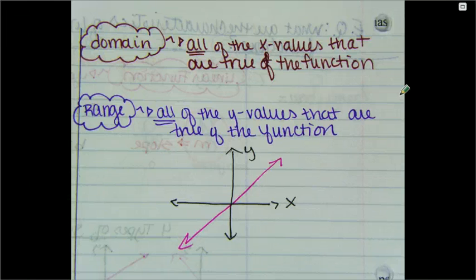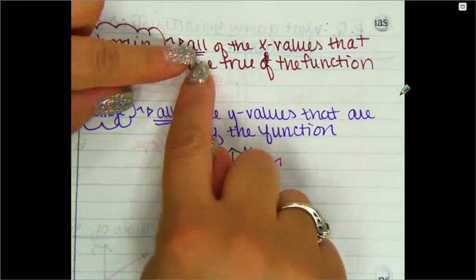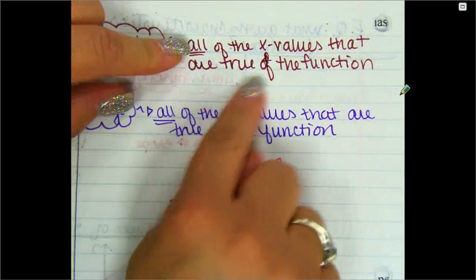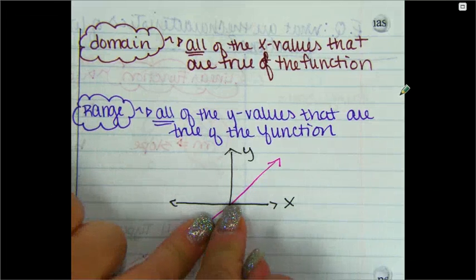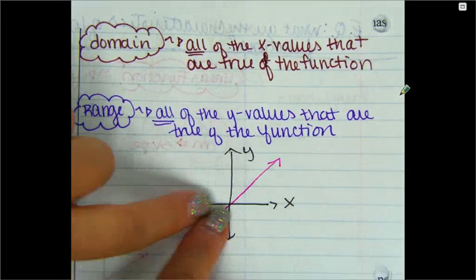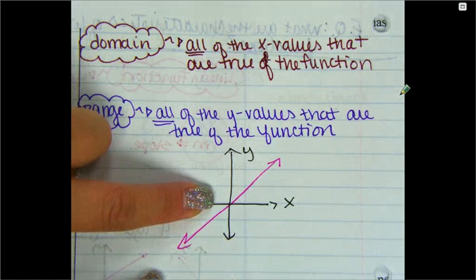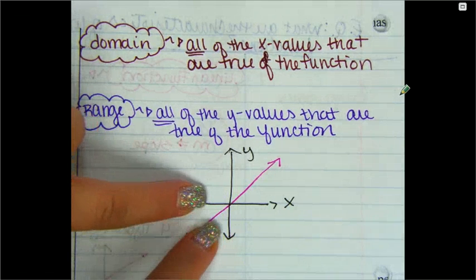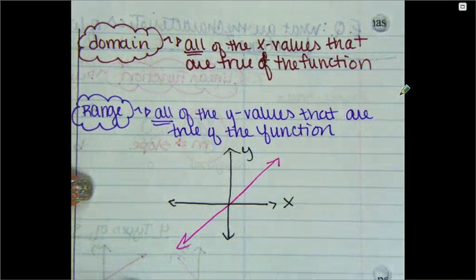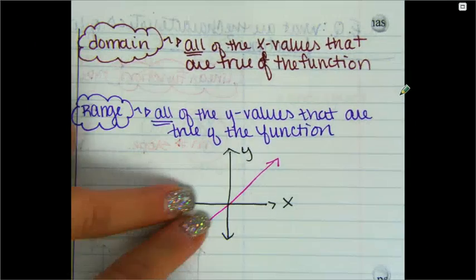Ready? All right. So listen, I want you to watch. It says all of the x values, all of them. So as this line keeps growing, let's go this way. If the line's going this way, because that's what the arrow means, correct? Your x values are also growing at the same time. Is it ever going to stop?